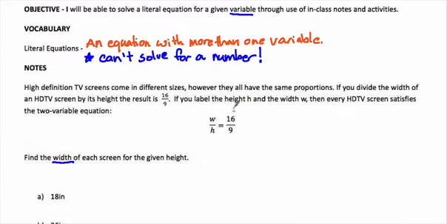So I'm going to cross multiply here, and I have 9 times W equals 16 times H, and now I'm going to divide by 9. And I get the equation W equals 16H over 9.